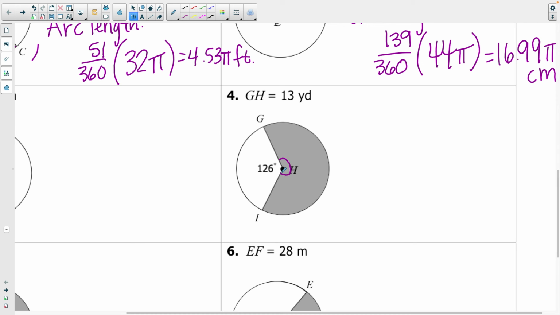If they give you the non-shaded part and you want the shaded part, you have to do 360 minus 126. What is it? 234. So you're going to do 234 over 360 times 13 squared pi.